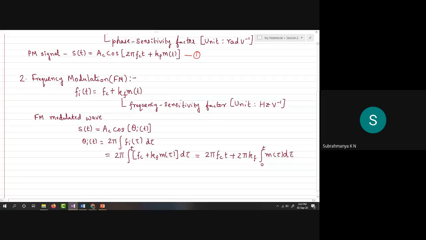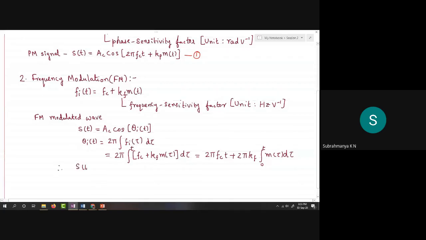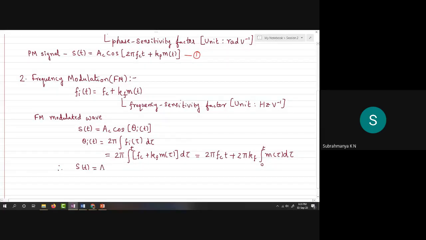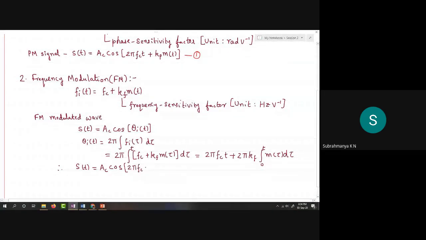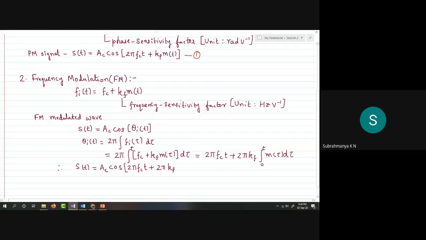With that, the frequency modulated wave will become Ac cos. Now this theta_i(t) is the entire term, correct? So I'll have to represent in the braces the entire term: 2 pi fct plus 2 pi kf integral from 0 to t of m(tau) d tau.